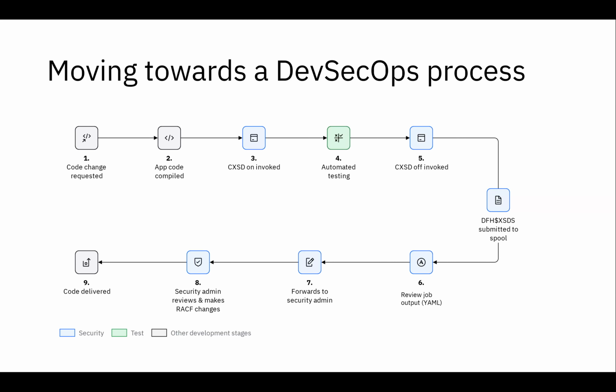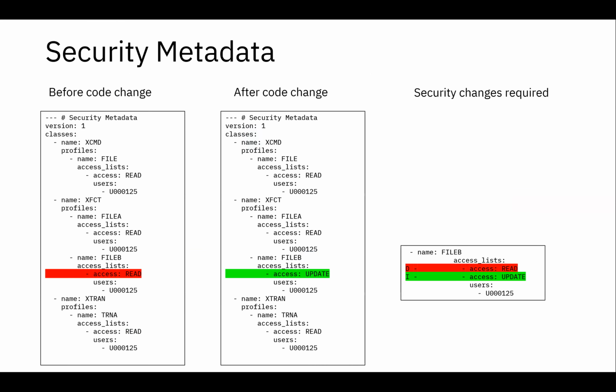By doing it automatically as part of the CI/CD pipeline, you can save information as you go. So you save information the first time you run it, and then when you make changes, you run it again, and you get that information. You can see differences between before the code changed and after the code changed, so that what the security person can see is just the deltas.